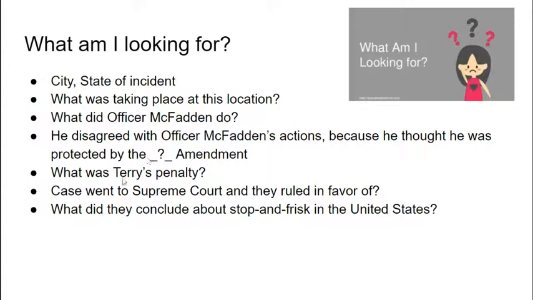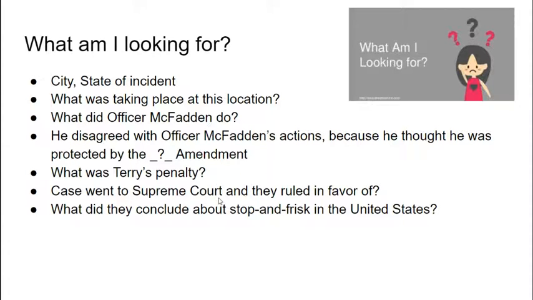And so Terry is arrested, and he is sentenced. And he continually argues, and his whole case revolved around the idea that he had Fourth Amendment protections, and that Officer McFadden's touching and frisking his clothes actually violated Terry's Fourth Amendment protection against unlawful searches and seizures.